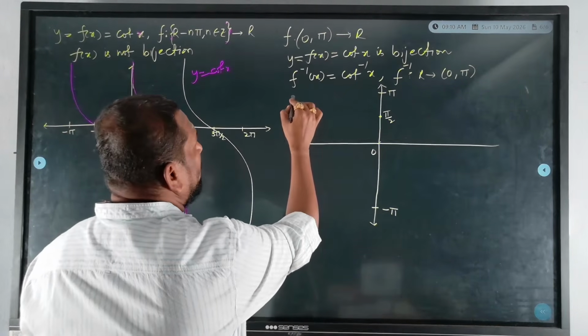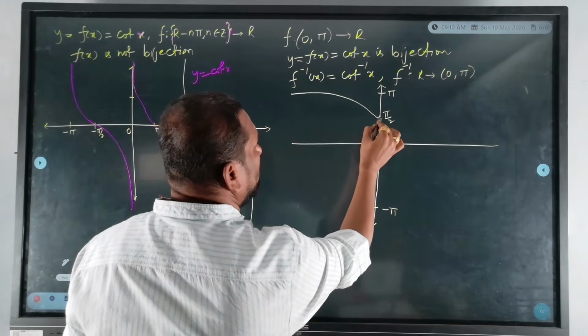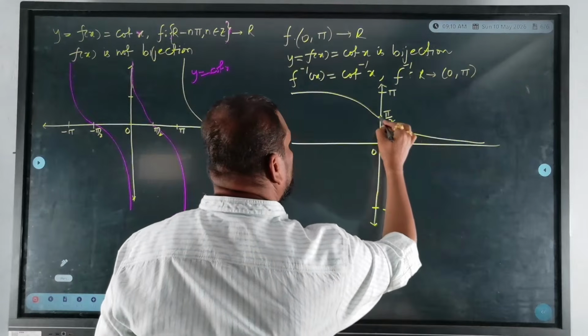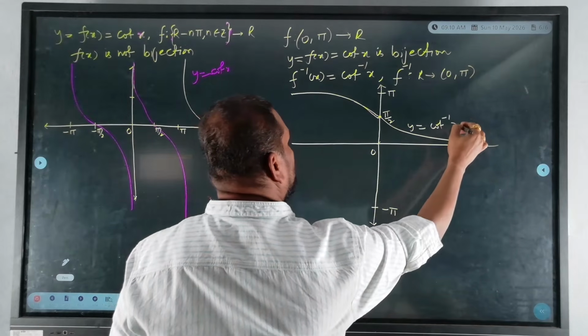So for negative infinity, it is pi. For 90, it is 0. For 0, it is positive infinity. This is the graph y is equal to cot inverse x.